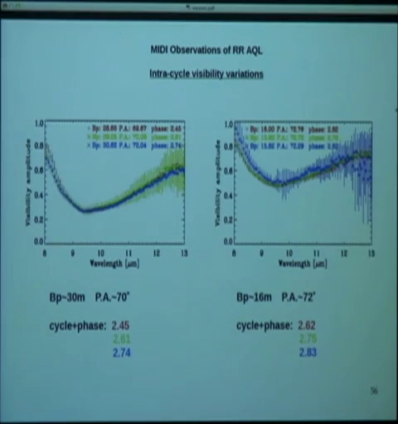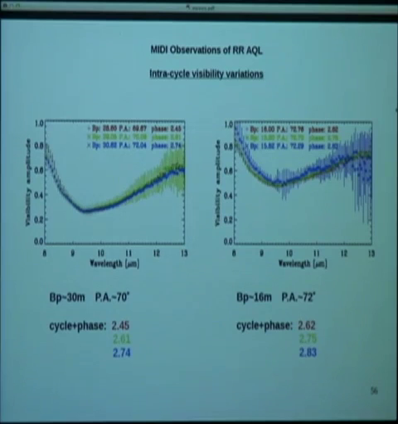There are 3 curves, and basically the standard deviation between the observations gives the error bars. You can see that the curves are lying on top of each other and showing us that we don't see any differences when the phase is changing from half of the cycle. So this is the second cycle and half of the phase. Second cycle in the middle, 61, 74, we don't see any changes.